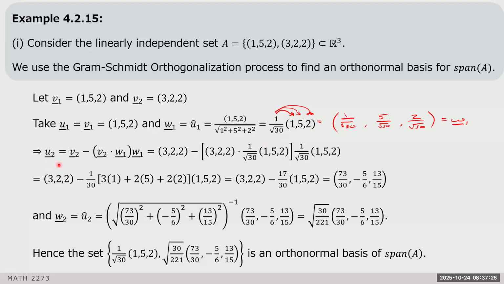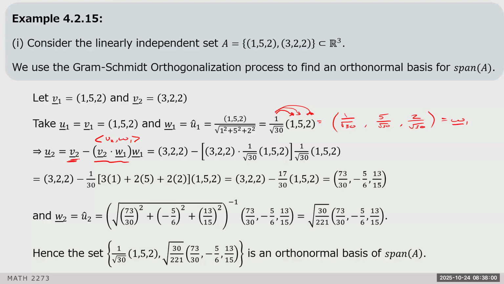U2 is V2 minus the dot product, which was written like the inner product of V2 with W1. We're fixing V2, and then you subtract from it the inner product of V2 with all the W's you have before.